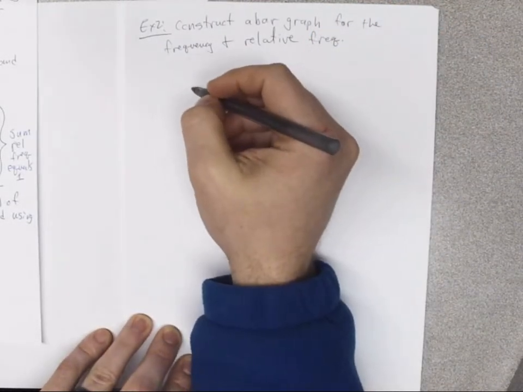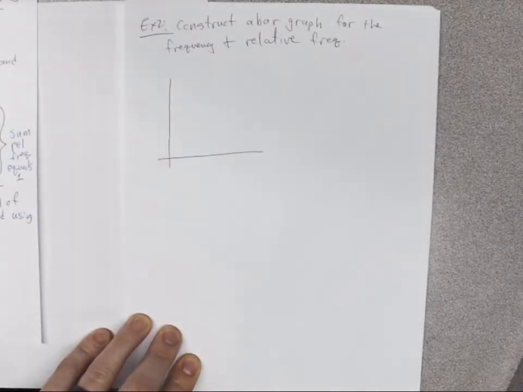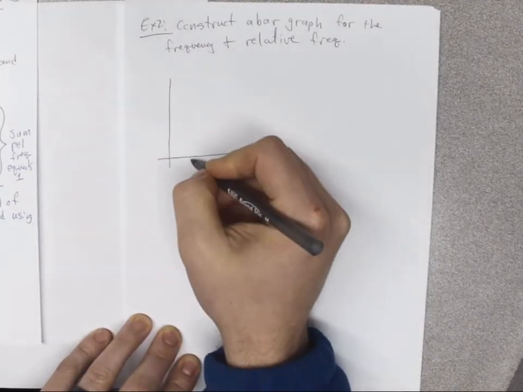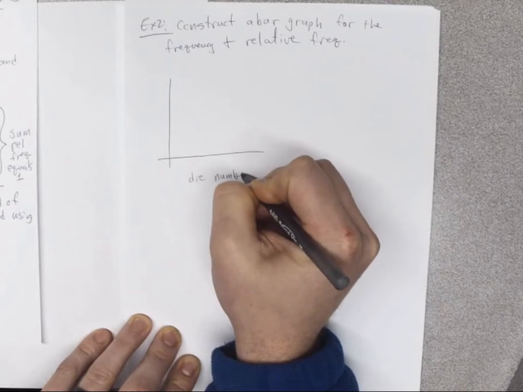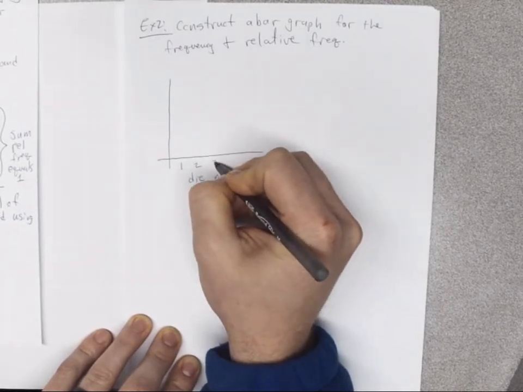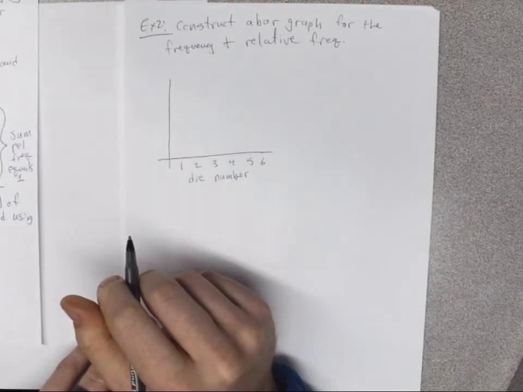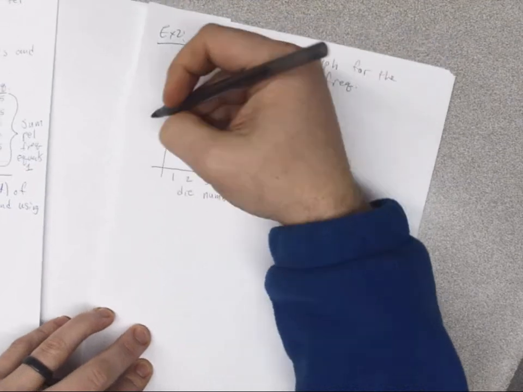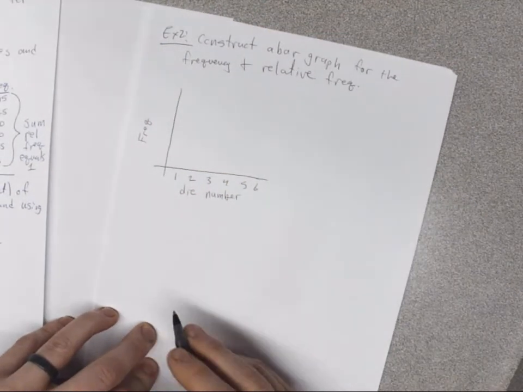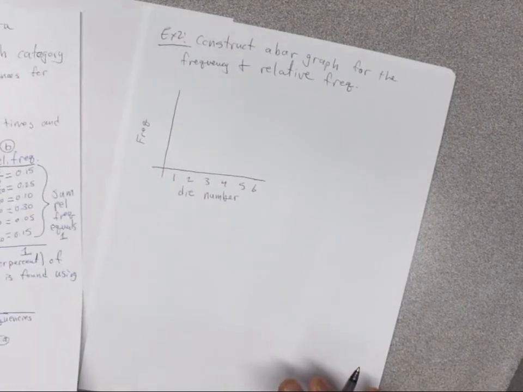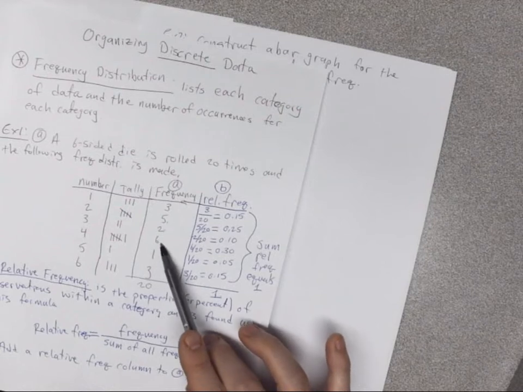So you start off by just drawing a little chart like this. And down here on the bottom, we're going to have our die number, or the number rolled. So 1, 2, 3, 4, 5, and 6. And then up here, along the y-axis, this will be your frequency. If you go back to our data, our lowest number was 1, and it went up to 6.